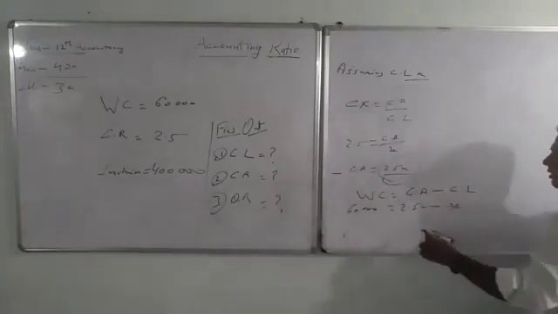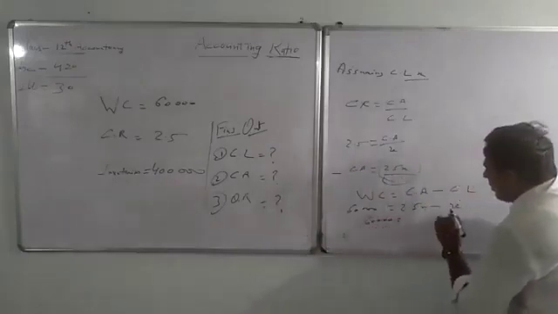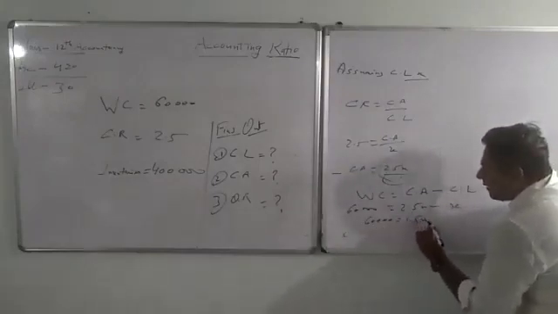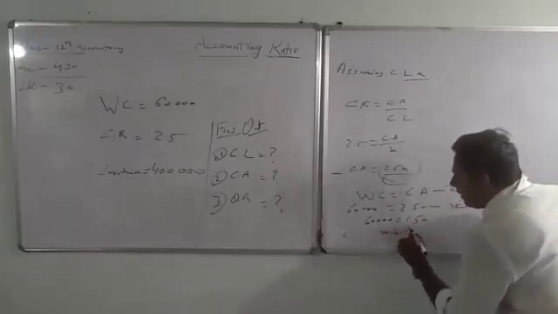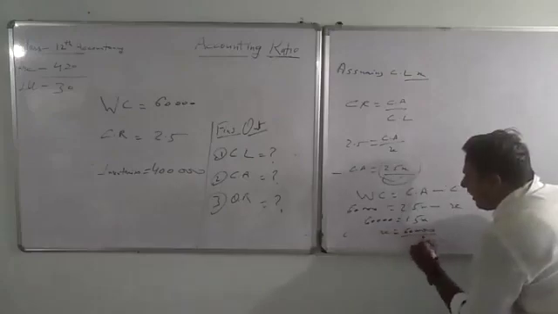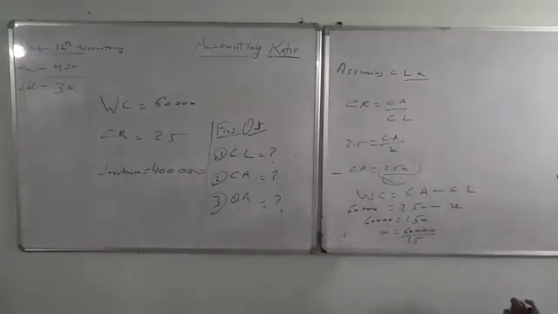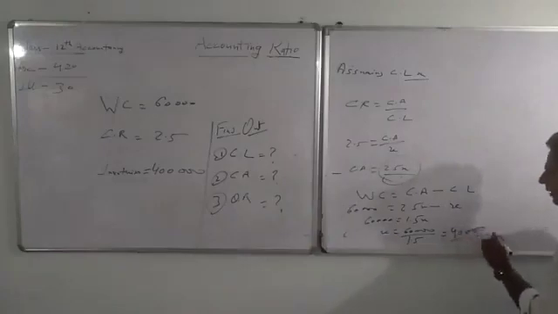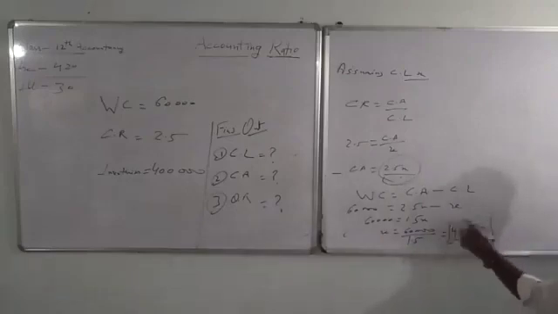So 60,000 is equal to 2.5x minus 1x, 1.5x. So x is equal to 60,000 divided by 1.5. So how much? 15, 4 is 60. 40,000 is our current liability. We got our current liability 40,000.